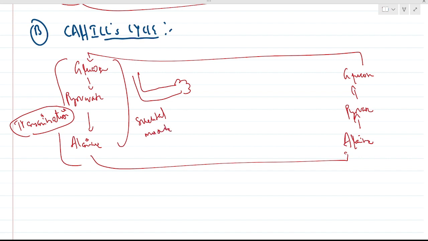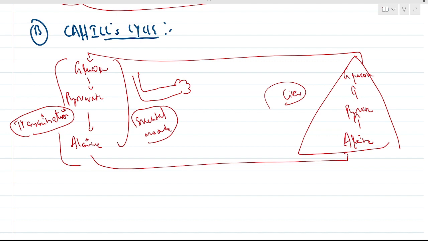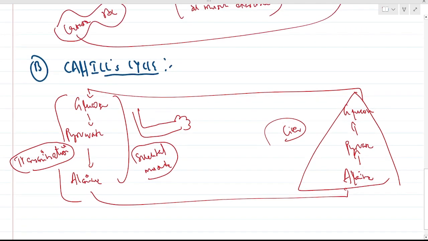The importance of alanine we will learn in amino acid metabolism. This phase takes place in the skeletal muscle, and this phase takes place in our liver. So this is called the glucose alanine cycle.